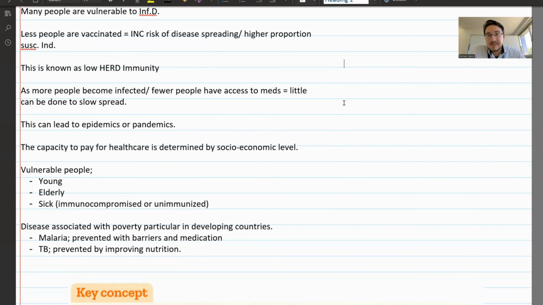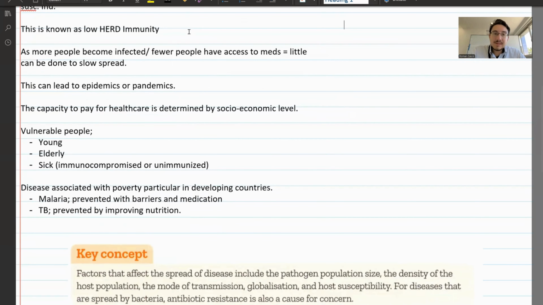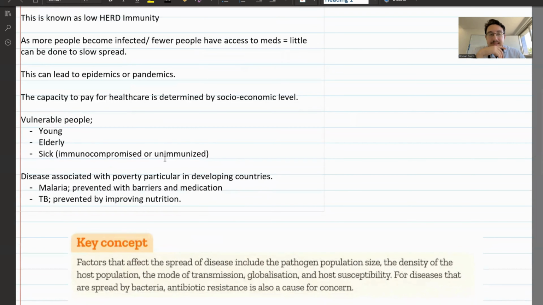As more people become infected, fewer people have access to medicine; there's less available for each individual. So little can be done to slow the spread. That creates a cycle and more spread, which leads to an epidemic, spreads to neighboring countries, and leads to a pandemic. So it's pretty tough.